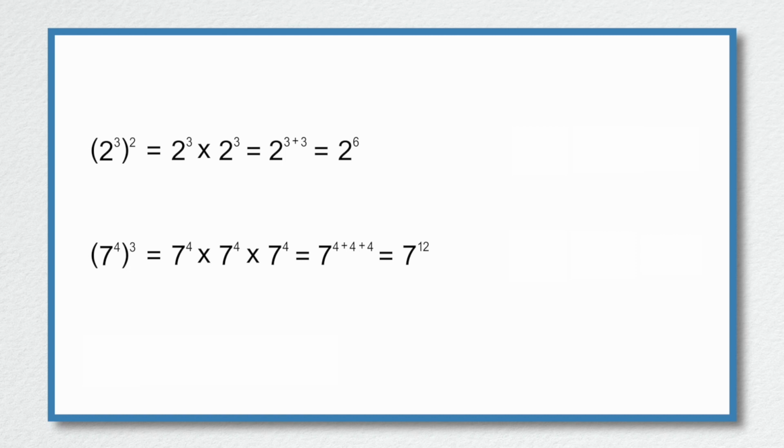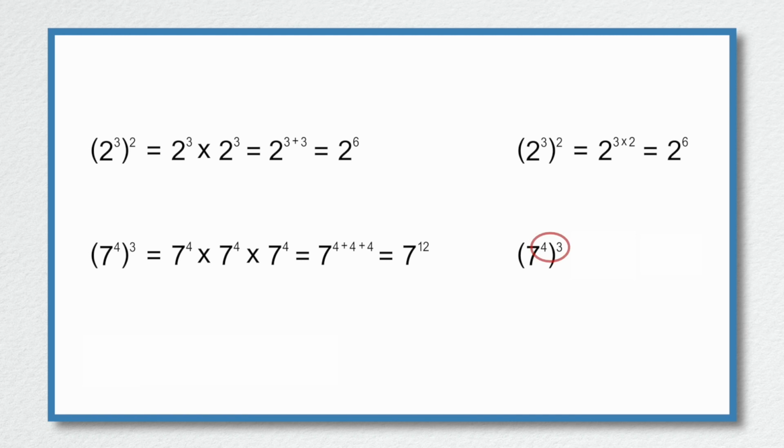So going back to the first example, we had 2 to the power of 3 all to the power of 2, and we ended up with 2 to the power of 6. If we multiply this index with this index, so if we multiply 3 by 2, we get the answer 6. Similarly, for 7 to the power of 4 all to the power of 3, we ended up with the answer 7 to the power of 12.